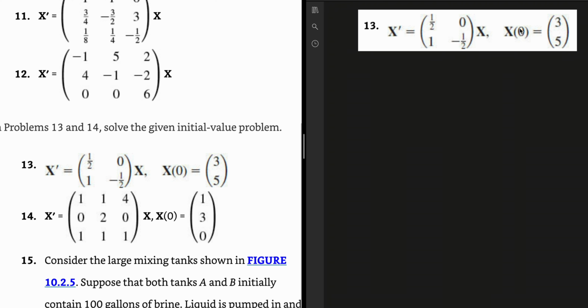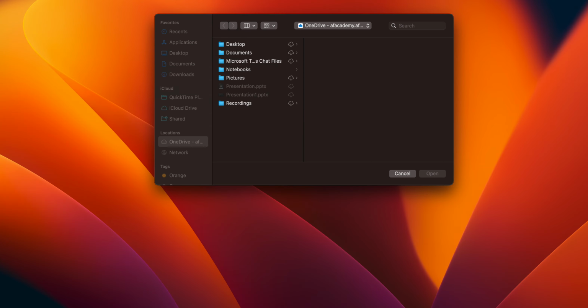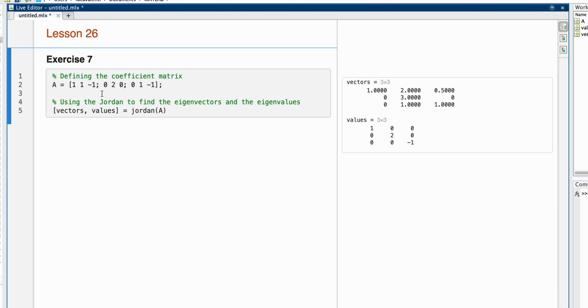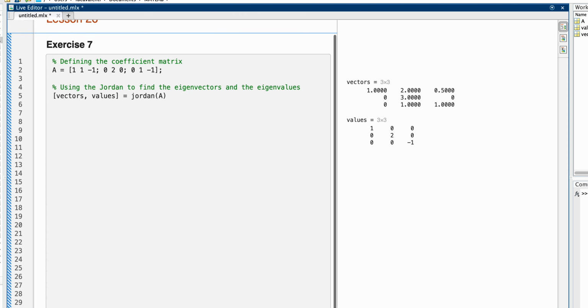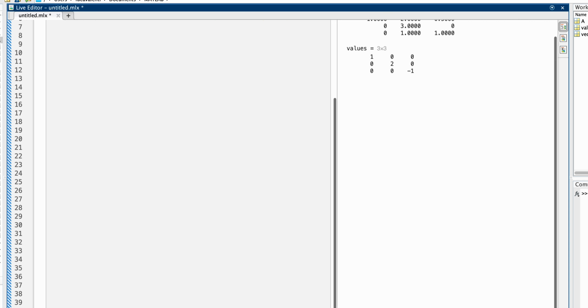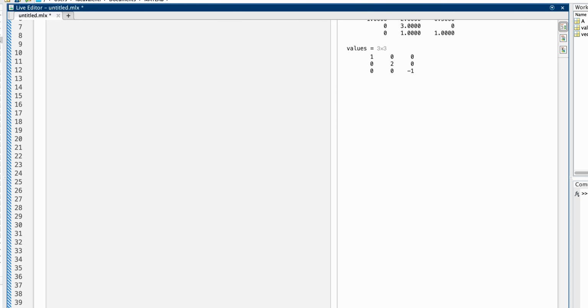All we have to do then is plug in this to find C1 and C2. And so let's do that. Let's go over to Matlab and let's go to exercise 2.